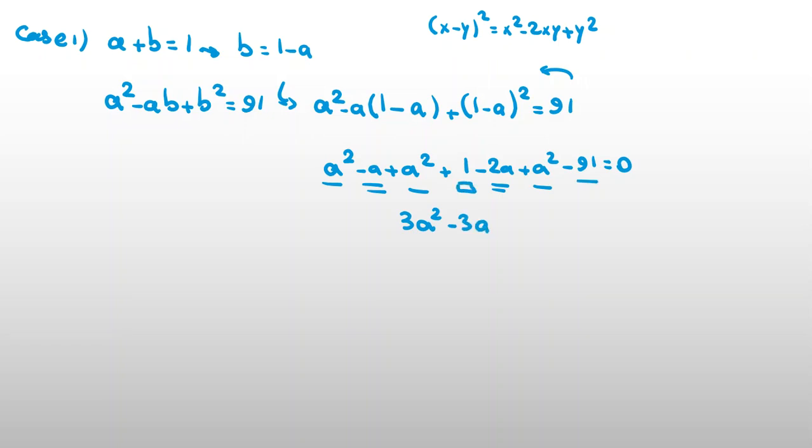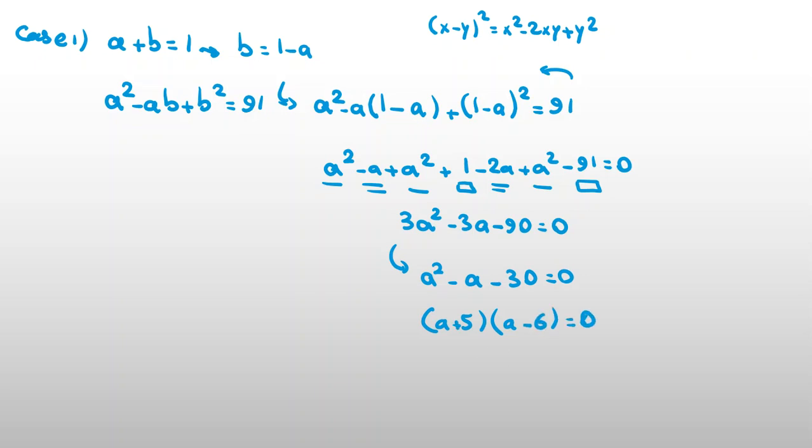And this part, 1 and negative 91, negative 90 equals 0. So, if we divide by 3, a squared minus a minus 30 equals 0. I can factorize: (a plus 5)(a minus 6) equals 0.